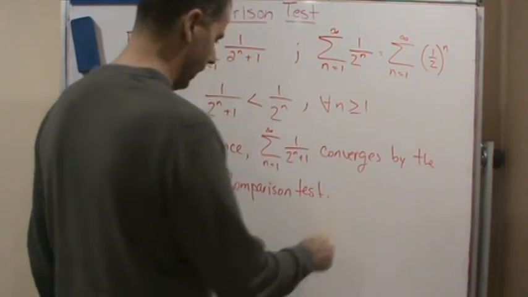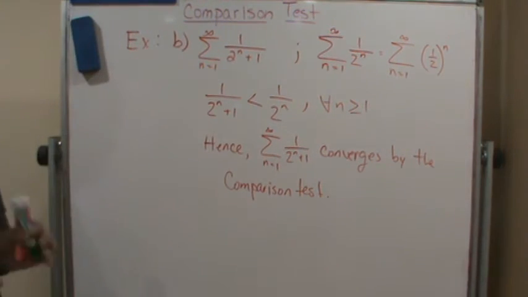It's that easy, right? So you're just making sure that the conditions are satisfied, and then once the conditions are satisfied, then it's either going to diverge by the comparison test or it's going to converge by the comparison test.